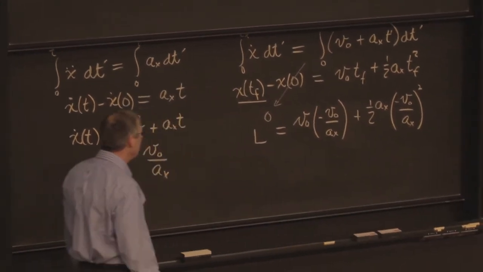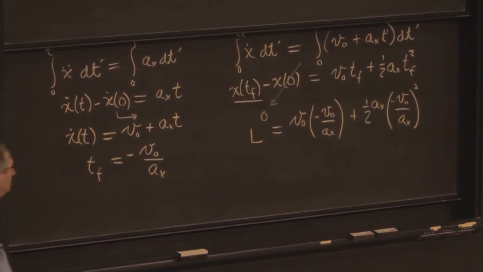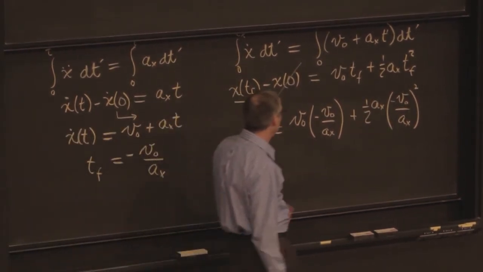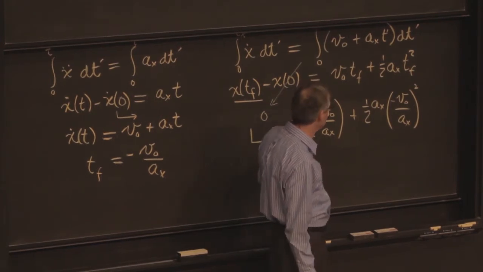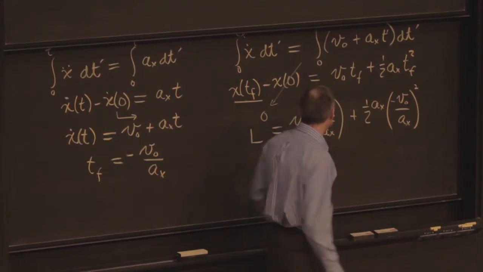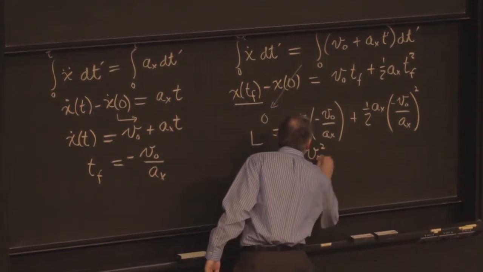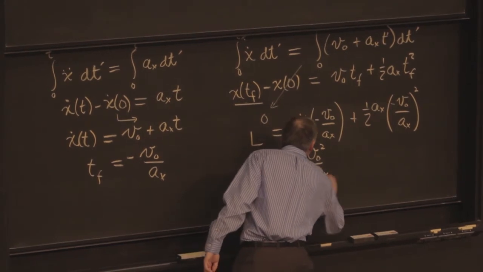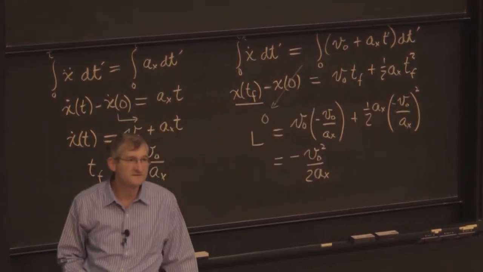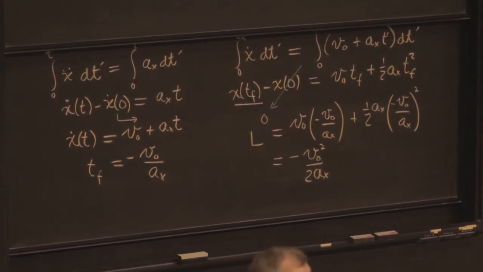And do you notice that those two terms have the same basic form? V naught squared over a sub x, this one with a minus sign, that one with a half. So I get minus v naught squared over 2a_x. Look familiar?